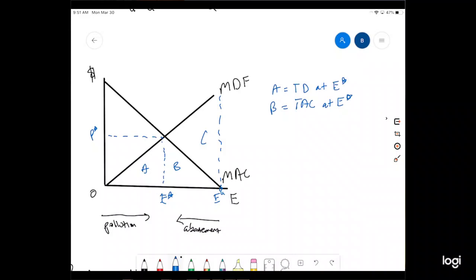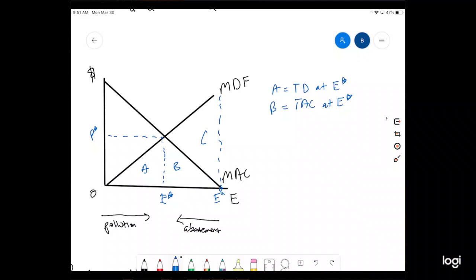That costs them money. That's abatement, when they're removing those pollutants from their emissions. That costs them money, so that's going to be their abatement costs. The total abatement cost is going to be B at E star, the optimal level of emissions.